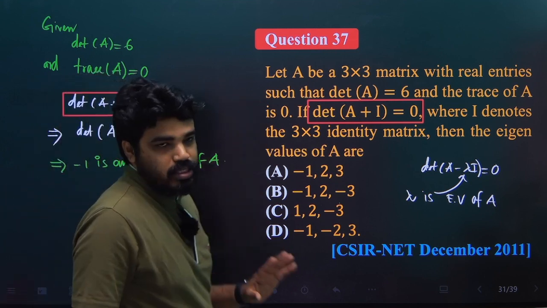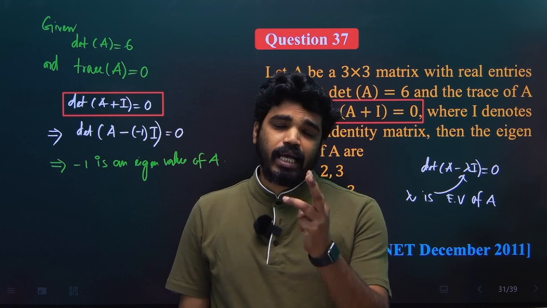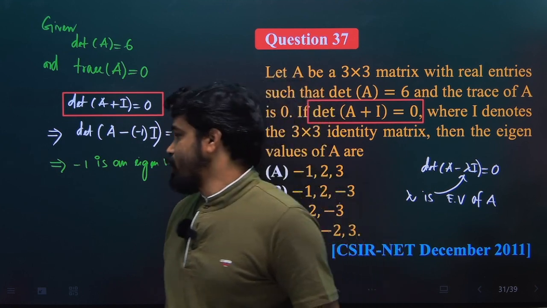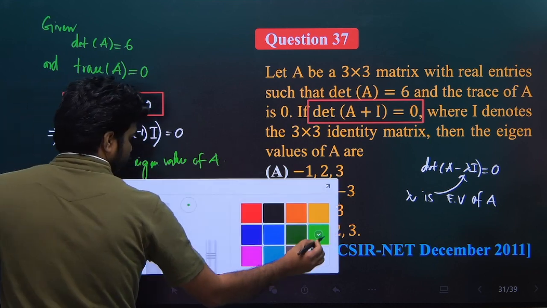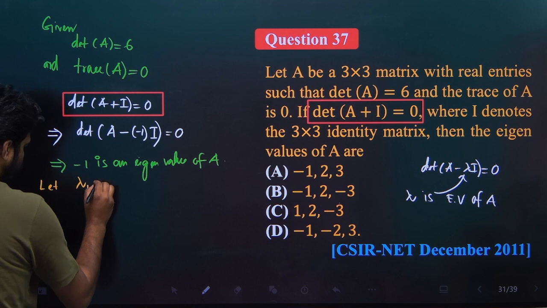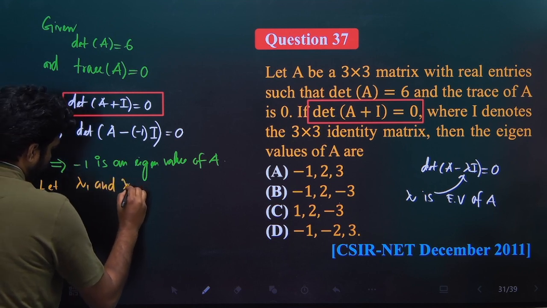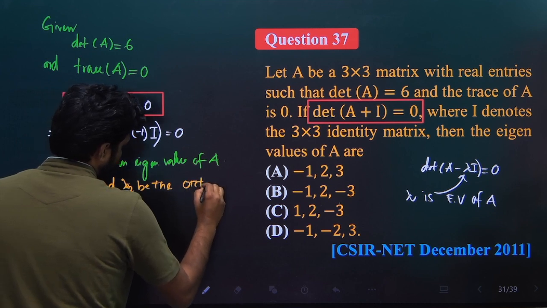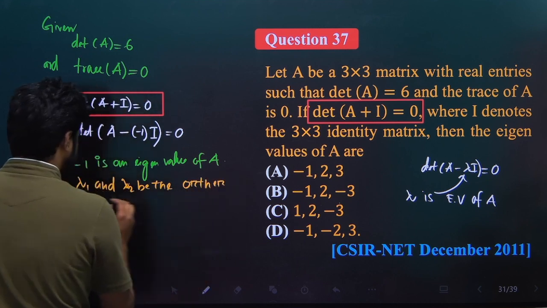A is a 3 cross 3 matrix, so the matrix A has 3 eigenvalues. Let lambda 1 and lambda 2 be the other eigenvalues.